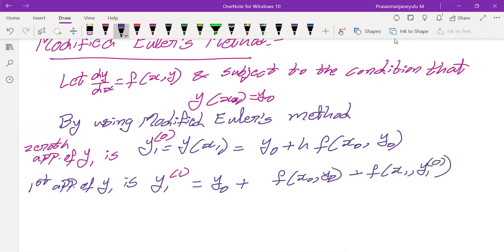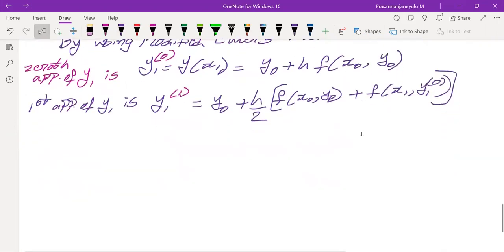We add both and multiply with h, but take the average of these two, nothing but h by 2. So the first approximation of y1 is y1 power 1 in brackets equals y naught plus h by 2 into f of x naught comma y naught plus f of x1 comma the 0th approximation of y1.